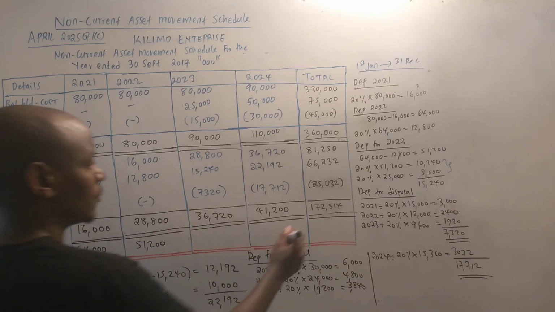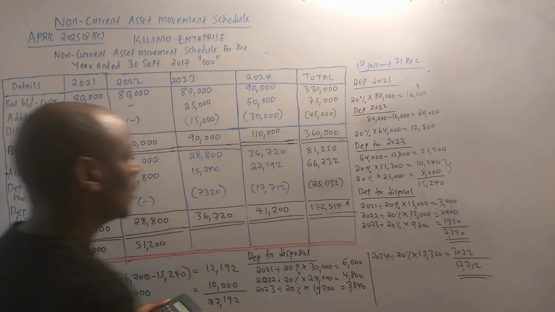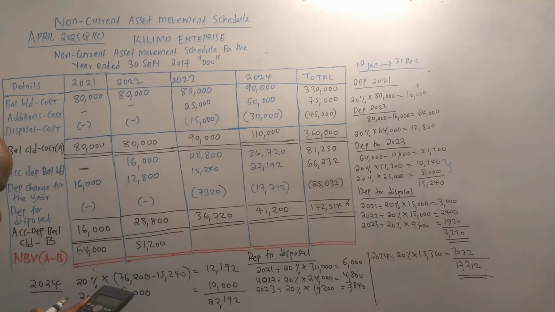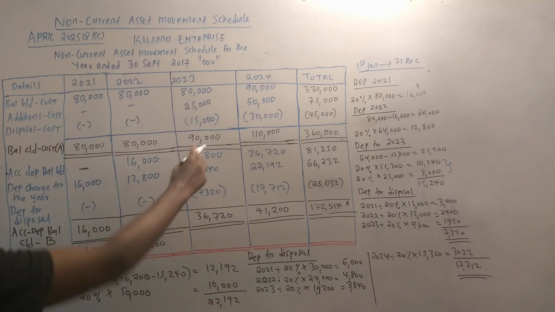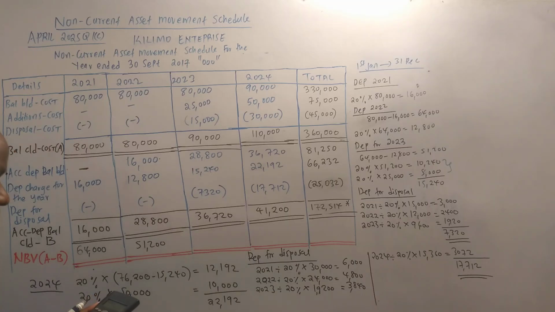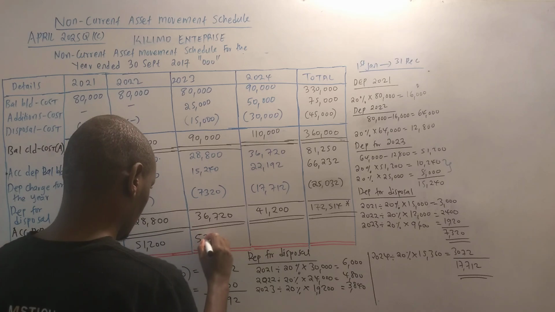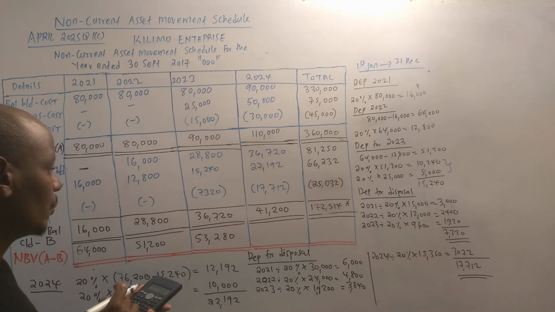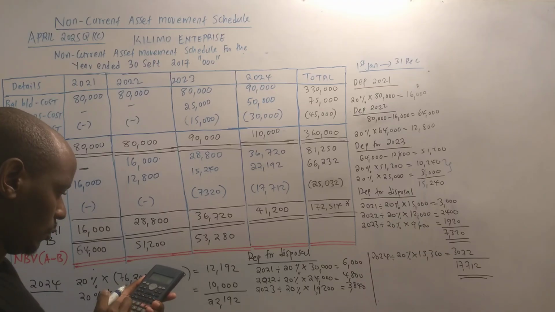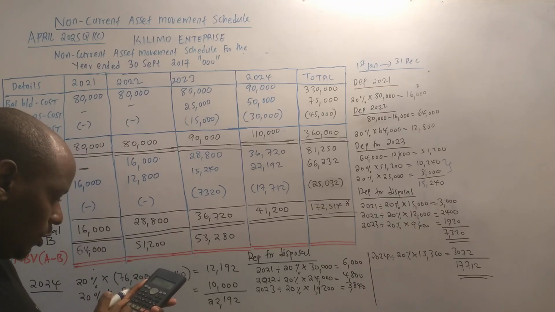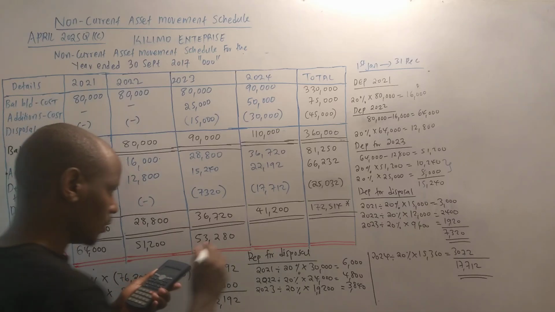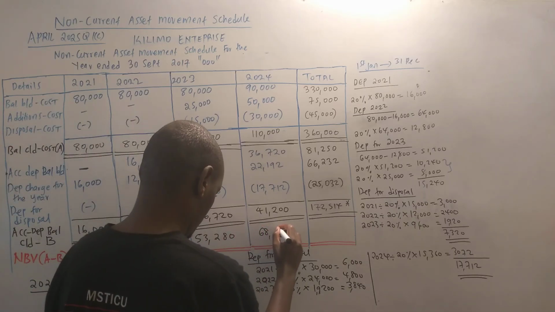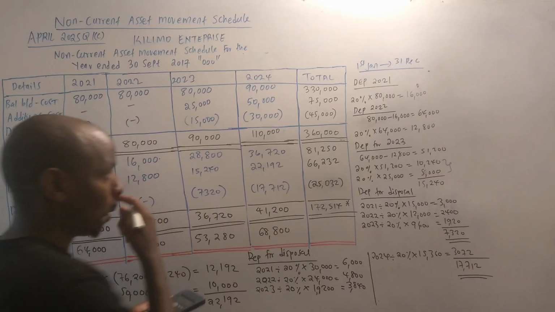We are going to confirm this figure. Then 90,000 minus 36,720. That's 53,280. Then we have 110,000 minus 41,200, 68,800.